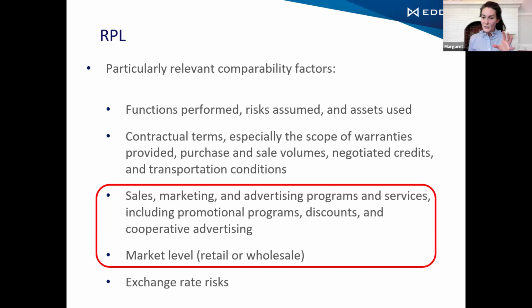So the comparability requirement is a little bit lower when it comes to the product that's being bought or sold for these two methods than it was for the CUP method. But still, that comparability requirement is higher for these two methods than it is for the TNMM that we'll talk about in just a minute.